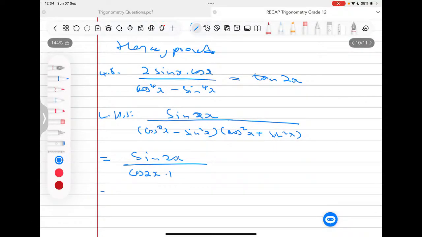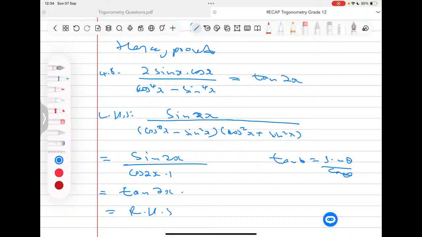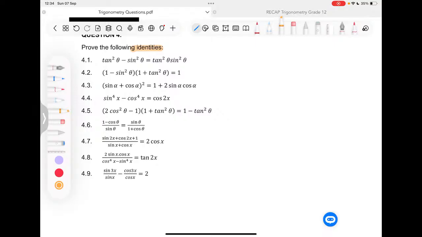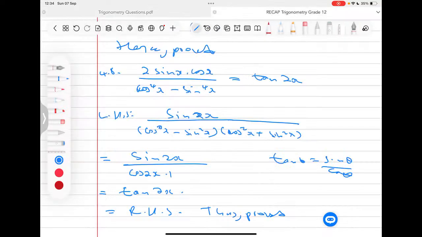And you can see that this becomes an identity for tan, because remember we're saying tan theta is the same as sine theta over cos theta, except here now there are double angles, but it will give you the same thing. So this will be tan 2x, and actually this is the same as the right-hand side. That's proved. So this is also proved, right? Now we're going to 4.9.